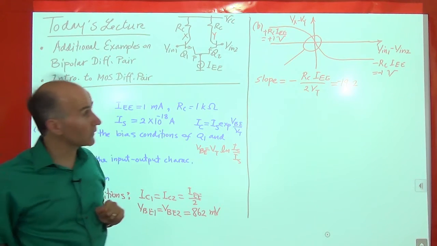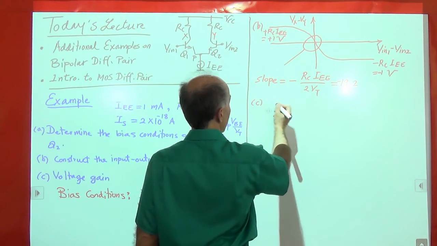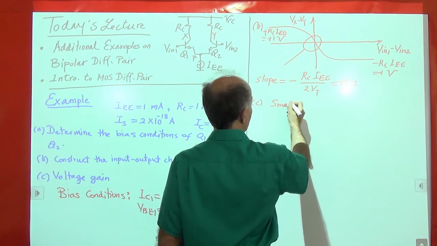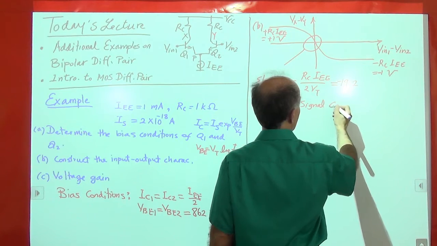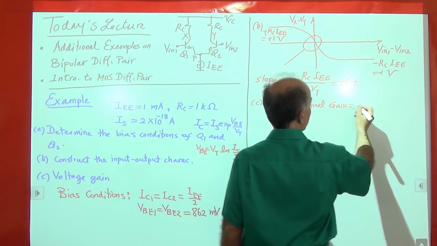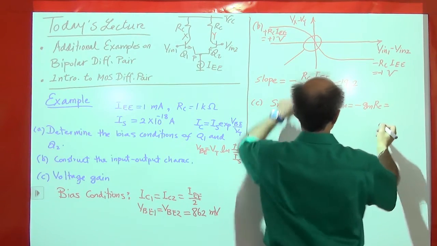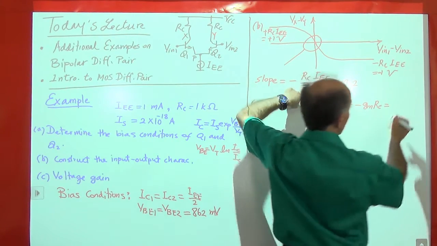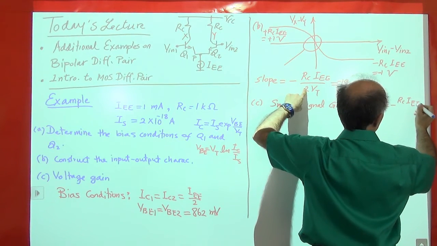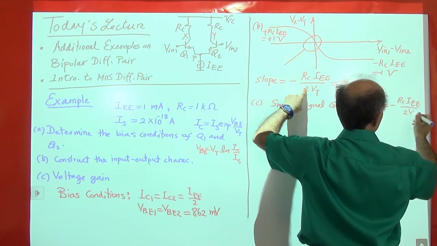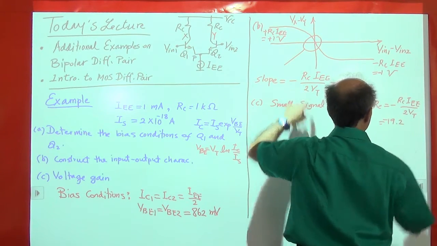All right, so in part C, we want to find the small signal gain. Small signal gain, voltage gain, as we just saw, was equal to minus GM-RC, which also is equal to minus RC IEE over 2VT, and that gives us also minus 19.2.